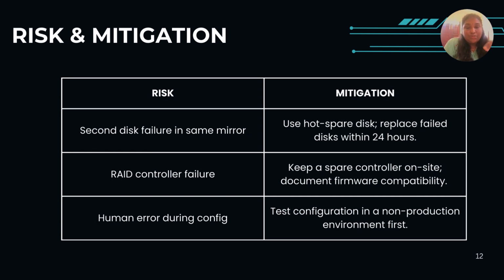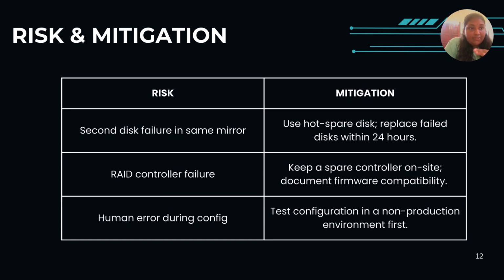So this is not only for tech companies, but also a little knowledge for everyone who is in an IT related field or anywhere. In short, we can conclude that to prevent a big disaster, in the part of risk and mitigation, we can have backups ready, which is a hot spare disk and spare controllers.